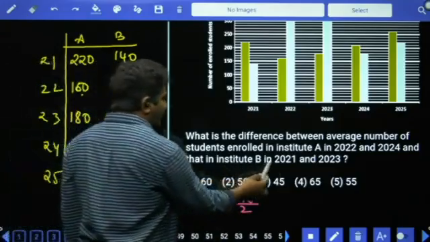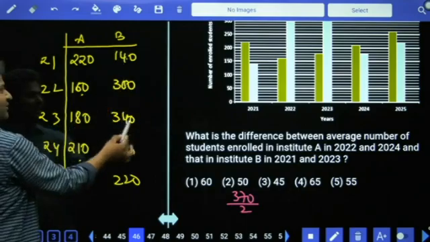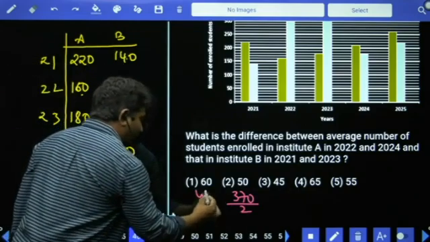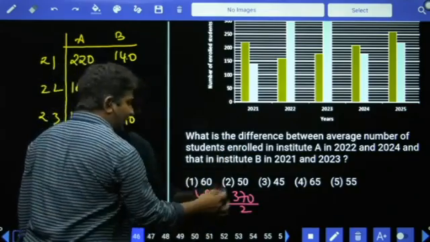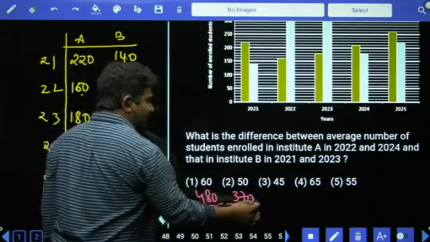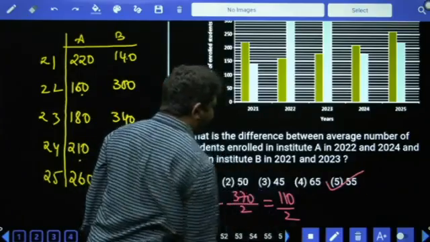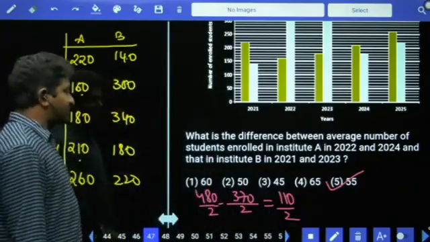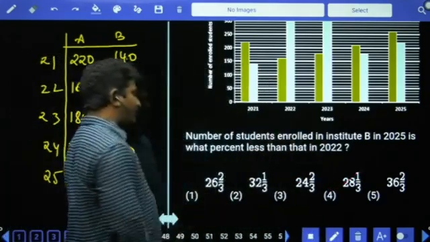And Institute B in 21-23, the sum is equal to 480. Now 480 divided by 2. We were asked to calculate the difference here. 480 minus 370 is 110, divided by 2 is 55. Fifth option is the answer.